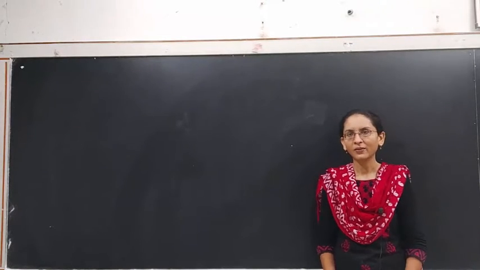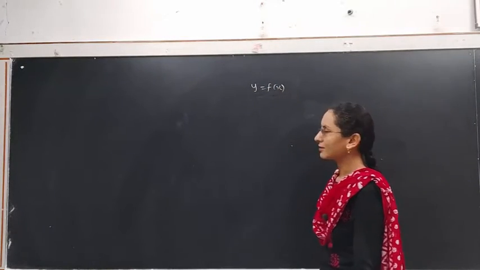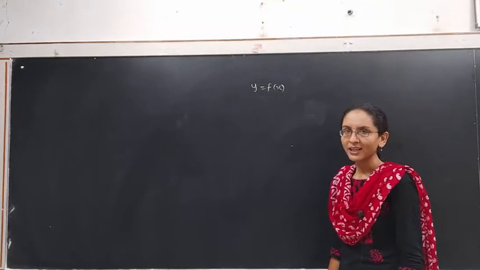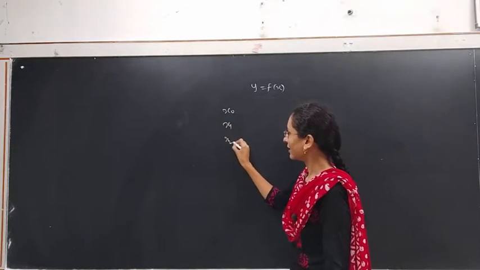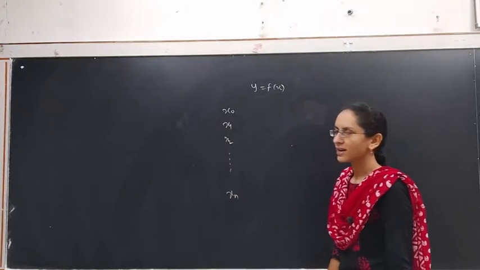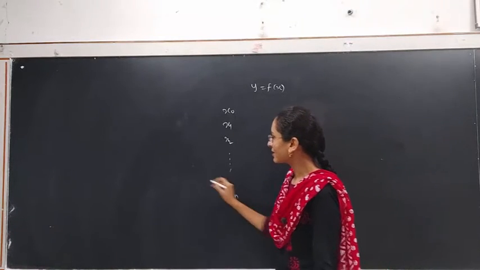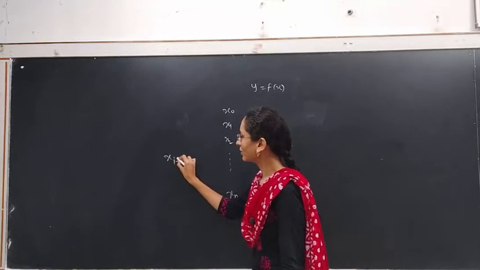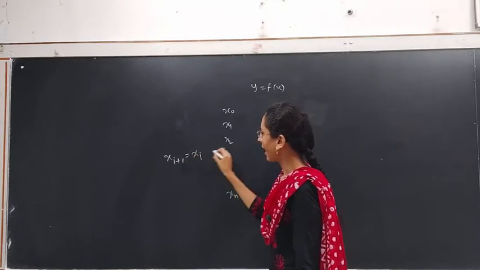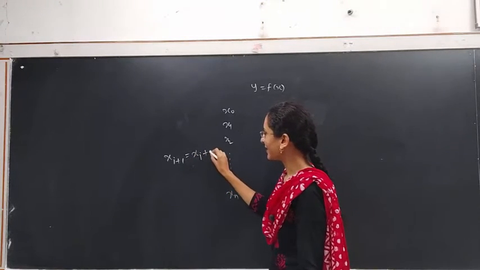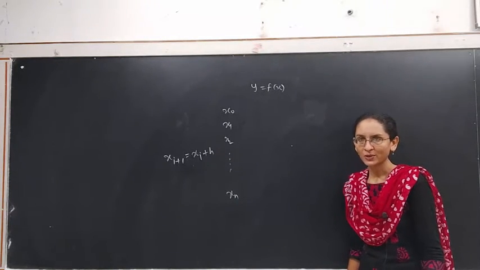If we are given a function y is equal to f of x and a finite set of values of x that are equally spaced, initial values x0, x1, x2, up to xn, these are n plus 1 values of x which are equally spaced, meaning the value xi plus 1 is obtained by adding h to the previous value of x, that is xi plus h, where h is the difference between any two consecutive values of x.